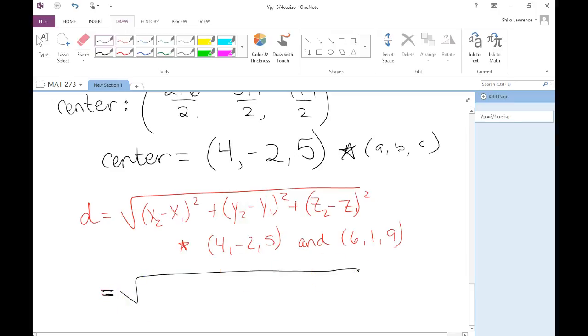So if we plug our points in, I'm going to do 6 minus 4 squared, 1 minus -2 squared, and 9 minus 5 squared.